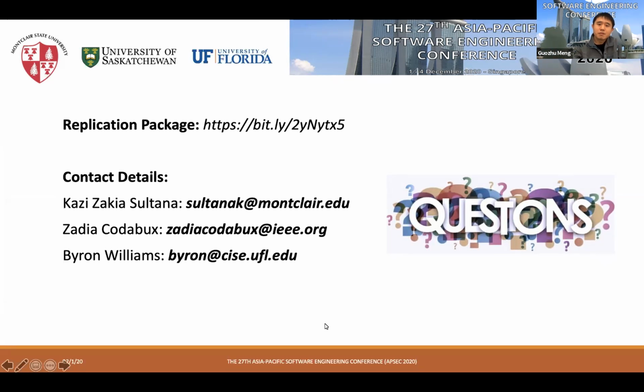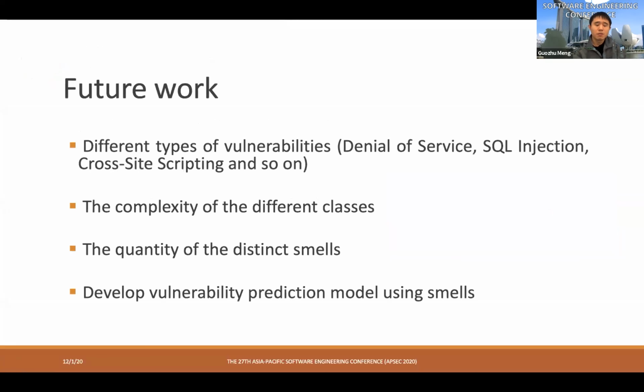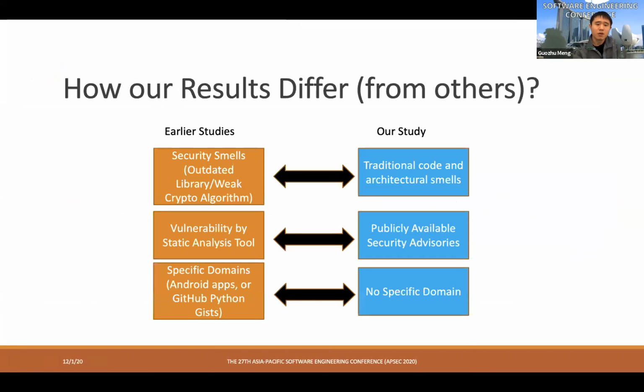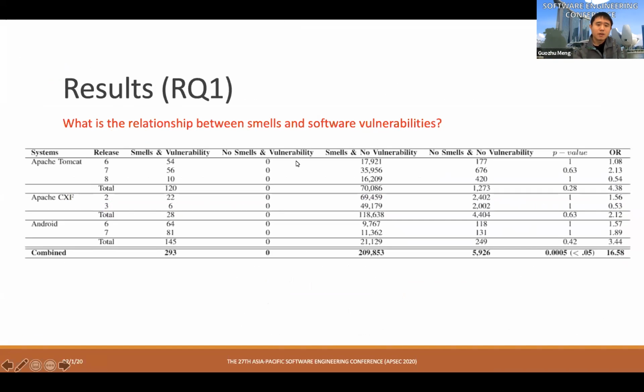Okay. Maybe I can ask one question. Sure. From the table you presented, the code with smells and vulnerable code take just a very small portion of your dataset, right?